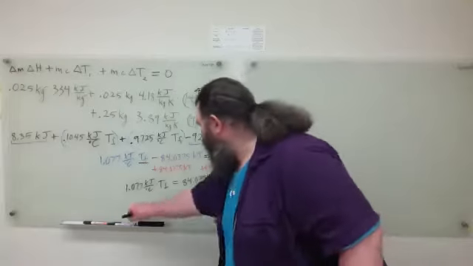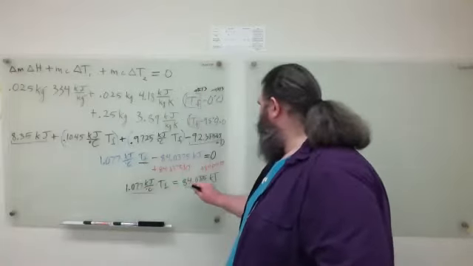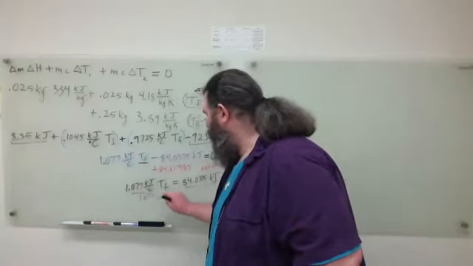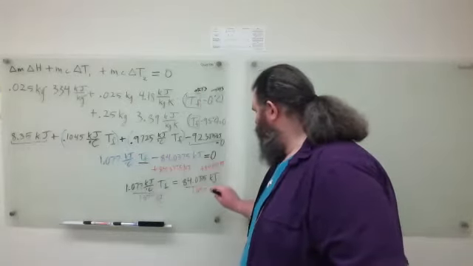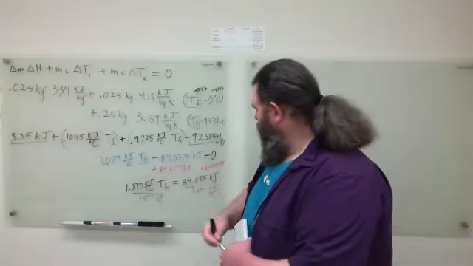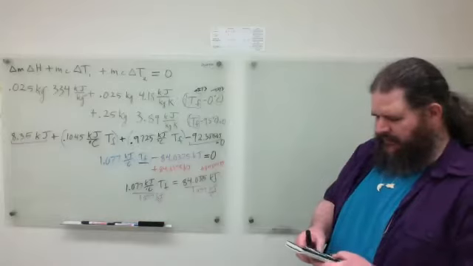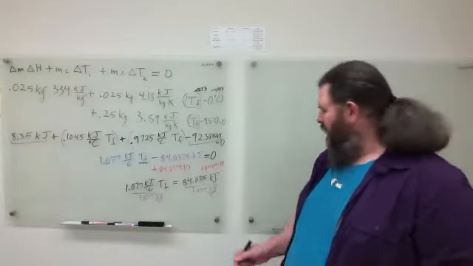Yeah, and next we want to divide by that 1.077. And I would include the units there. We're dividing by 1.077 kilojoules per degree Celsius. So 84.0375 divided by 1.077 is about 78.